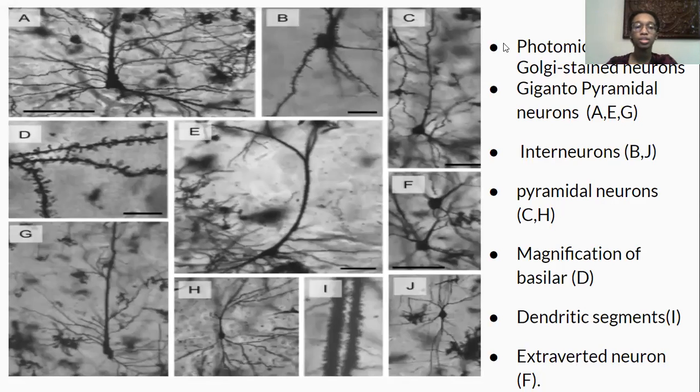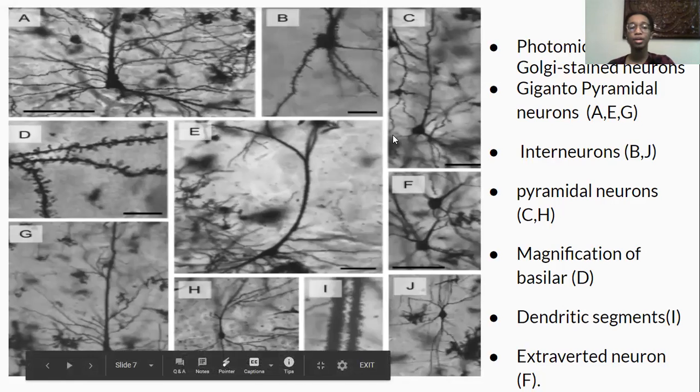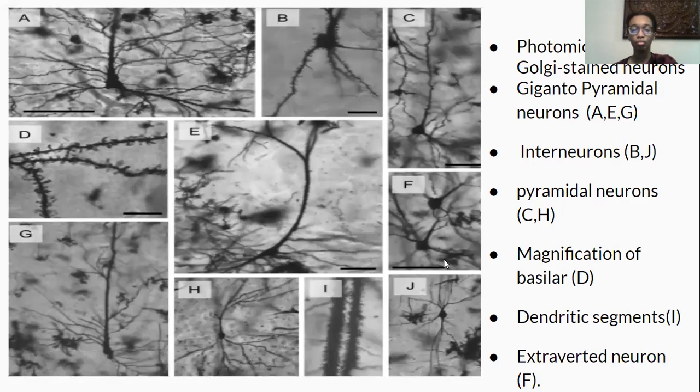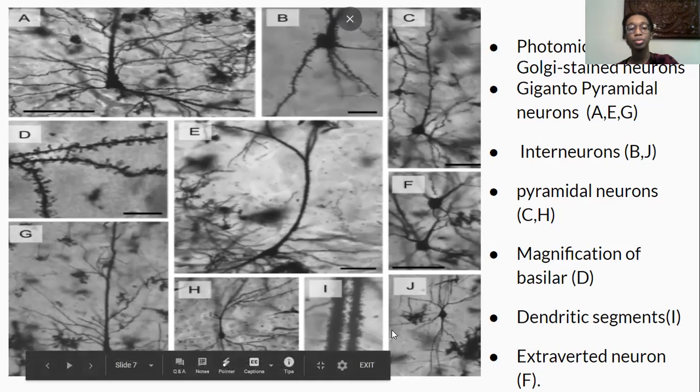So this is showing the different neurons. The inner neurons, which are B and J over here, were the ones that were expected to not have many differences, because in all the mammals that they've already studied, it's been almost the same in all of them. So they didn't expect a large amount of difference between the inner neurons between the two.